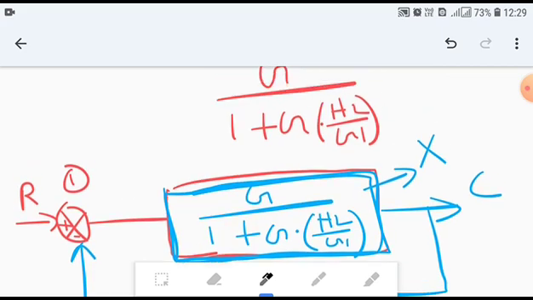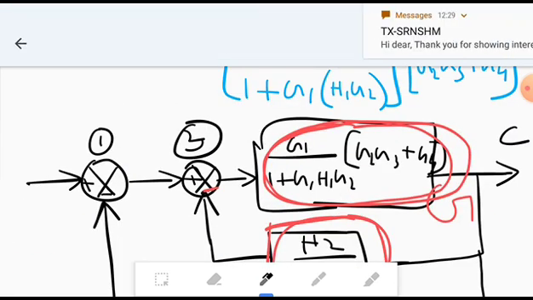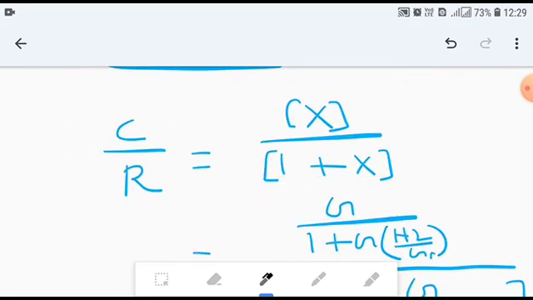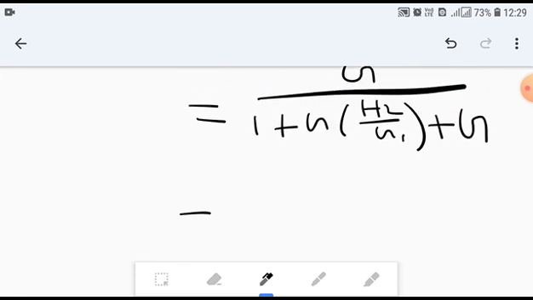Now you have to substitute what is capital G also, not just leaving it as capital G. What we have taken capital G here is G1 by 1 plus G1 H1 G2 into G2 G3 plus G4, that is what we have taken as capital G. So that you have to substitute here. Finally the simplification has to be done because it is a long answer question.